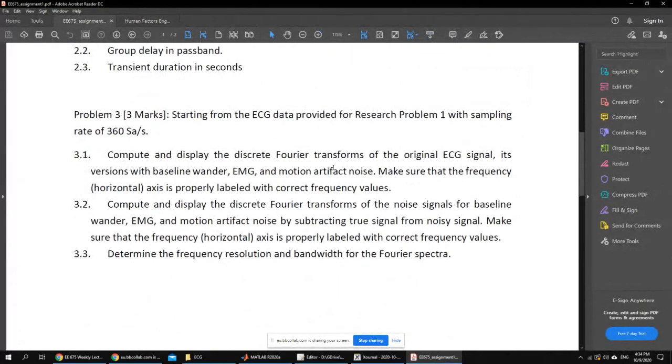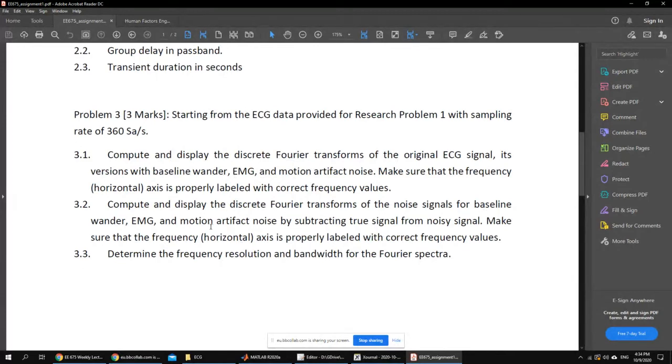Actually, you're not required to do that here. You're just computing and displaying the discrete Fourier transformation of the original ECG signals. That's it. Here you compute and display also the Fourier transform of the noise signals for baseline. Basically, it's just the difference between the original and the signal with noise.